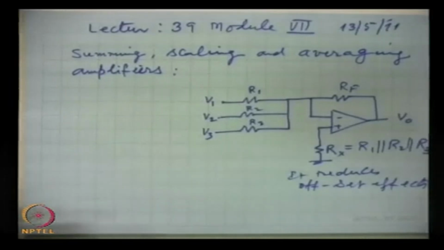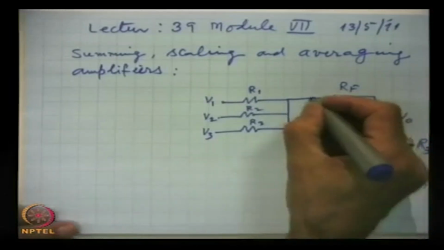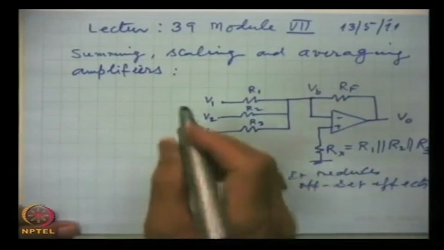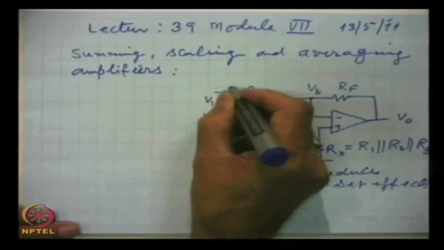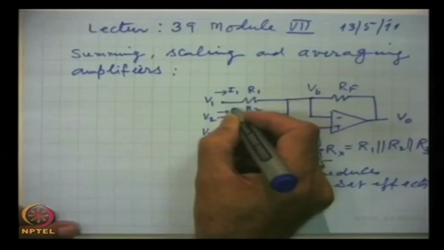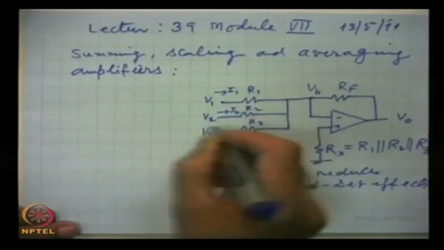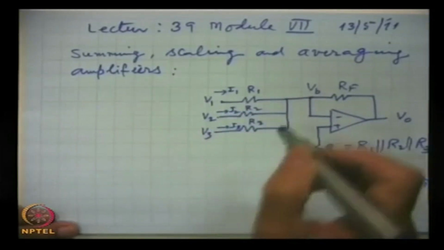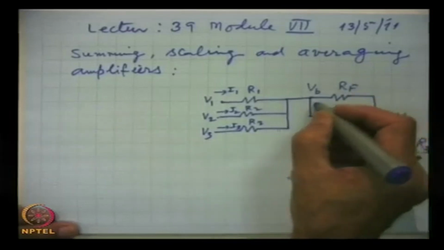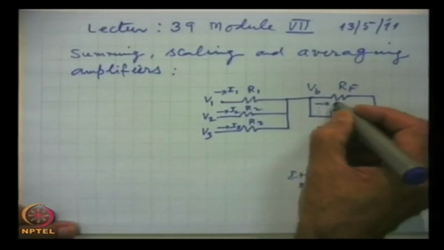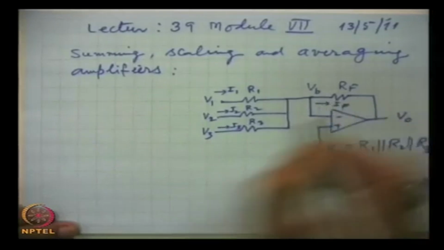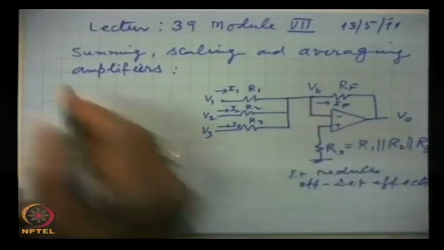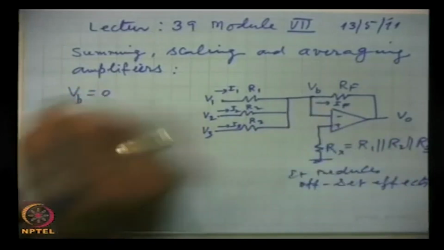Now, here this is at a potential VB, and the 3 currents I1, I2 and I3 flow here, and from here will flow IF. Now, remembering that V minus is at 0 potential.